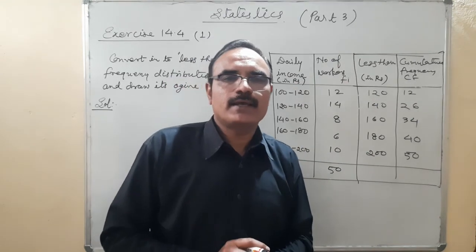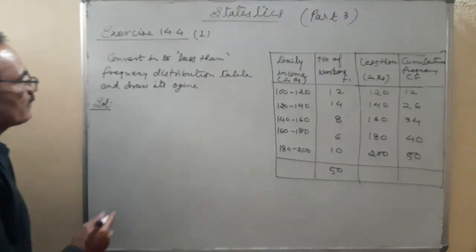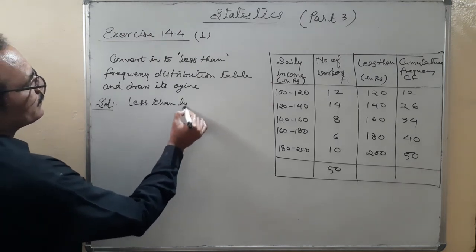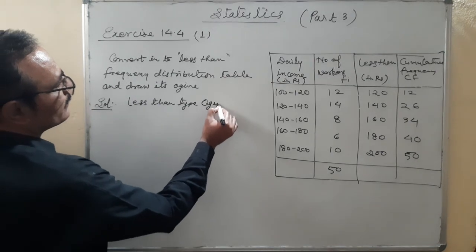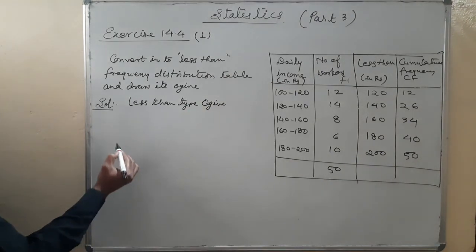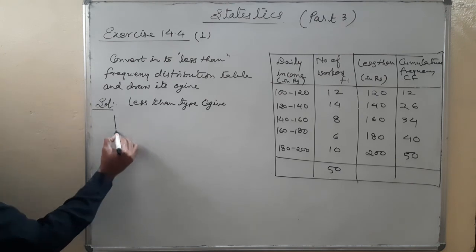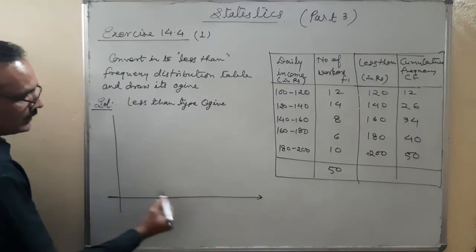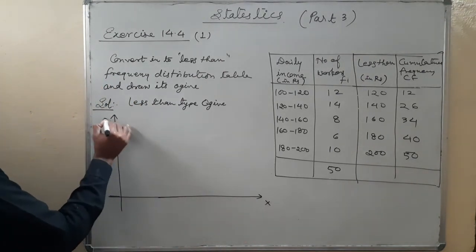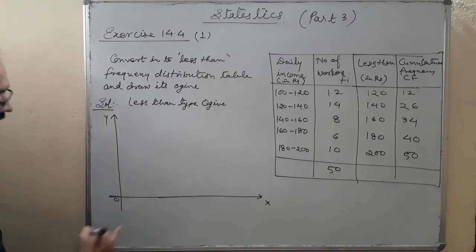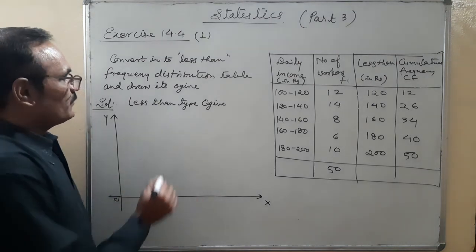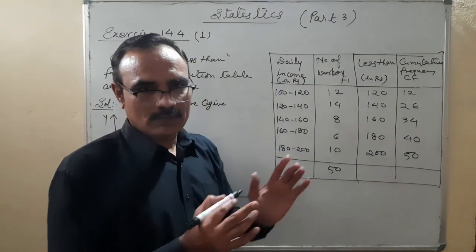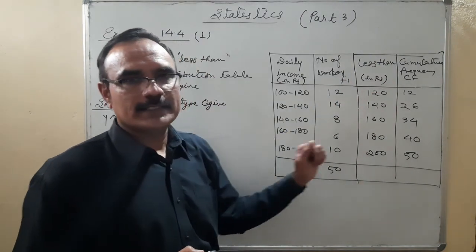Now we are making a less than type ogive, using ruler and pencil. It is X, here's Y, and 0. On the x-axis, what should be taken? When we are making a less than type, this less than column will be required here. Here we are not making a column of class interval. Always we have to take less than in less than type.